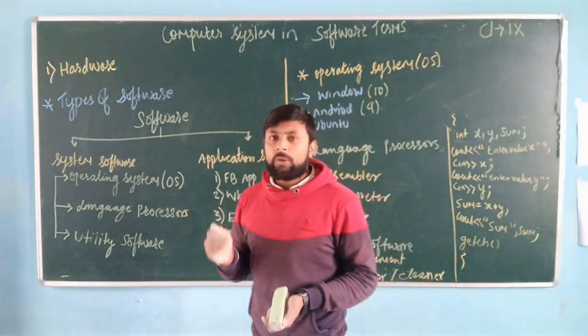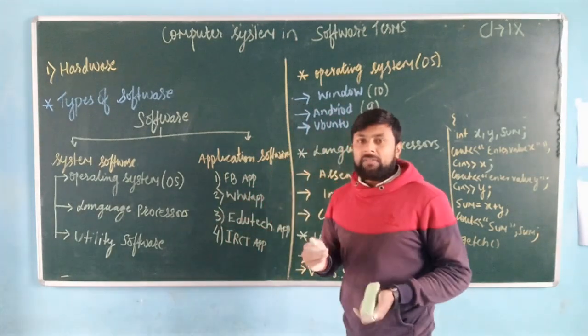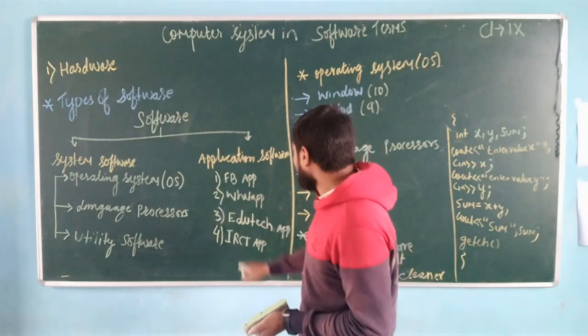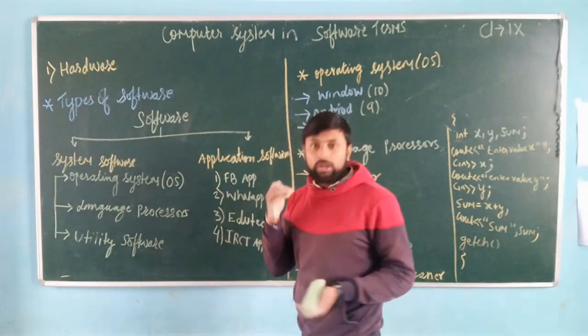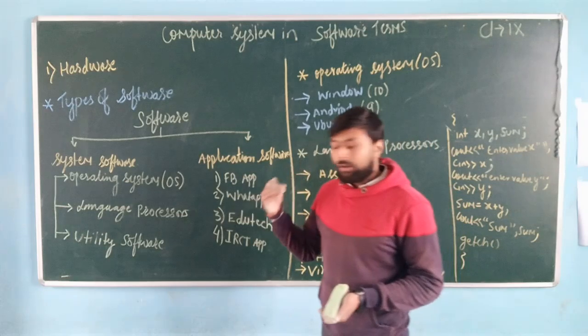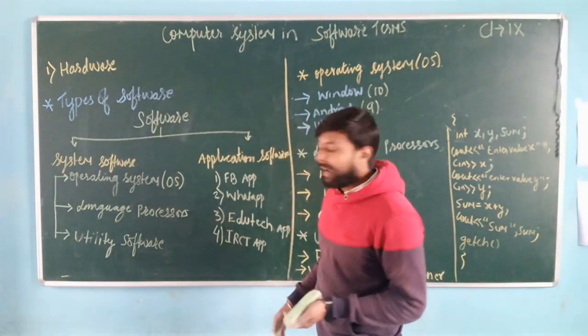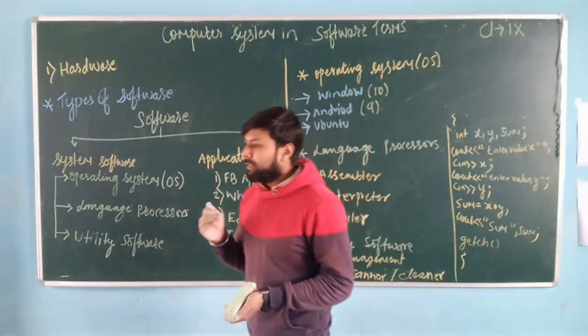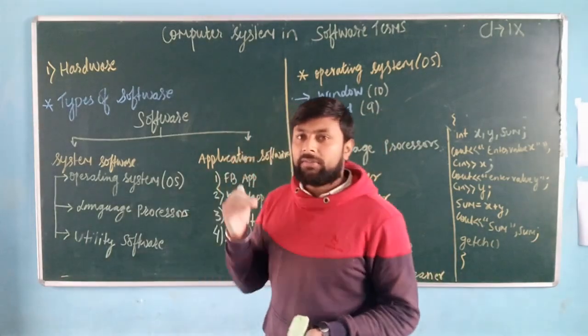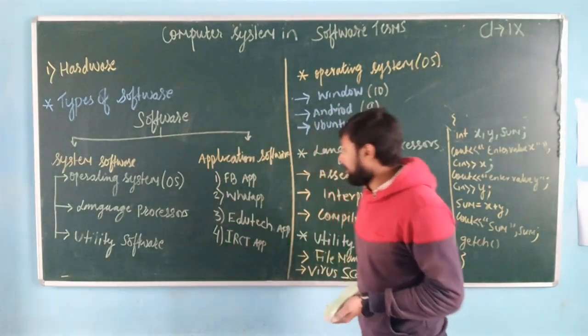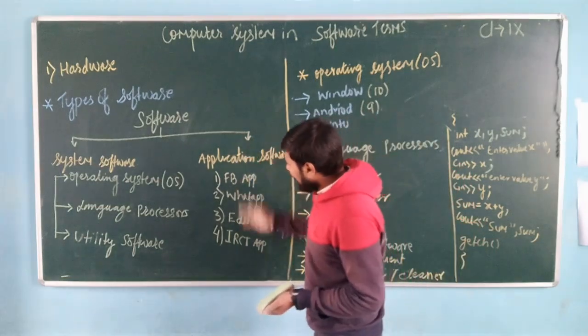Just recently the Sikkim government launched one app for online learning, that is the EduTech app. Apps are mainly made for mobile phones. Now the IRCTC app is where we can buy online train tickets. So all these are about apps.